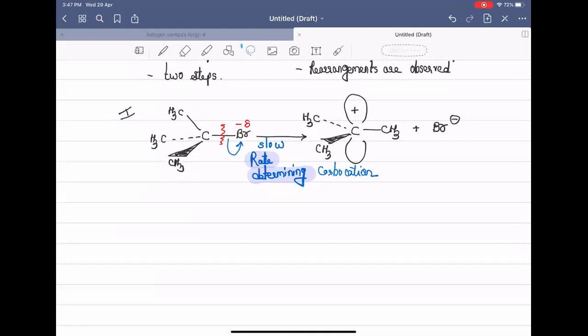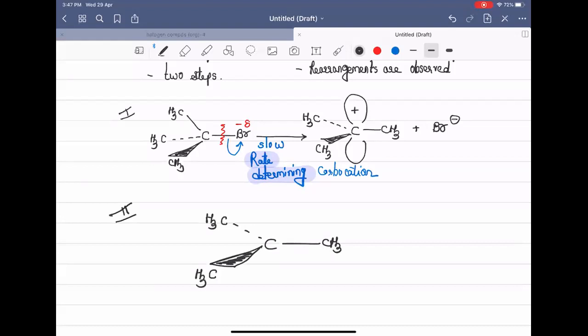Okay, now the second step. The second step is like you start with your carbocation. And you have your CH3 and you have your CH3 here, right?